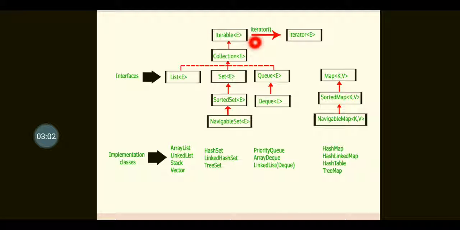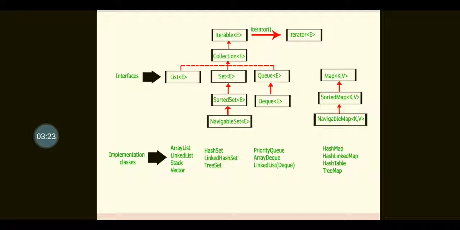With the help of the method iterator, we can iterate the objects. Iterate means to access the content of the collection, and it is possible to use either iterator or enumerator.